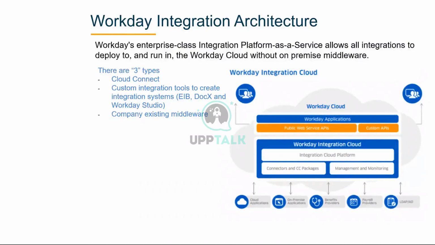There are three types of integrations. One is Cloud Connect. The second is customer integration tools to create integration systems, such as EIB, Docs, and Workday Studio. And if your company has existing middleware, you can use that as well to send data into Workday or to retrieve data from Workday.